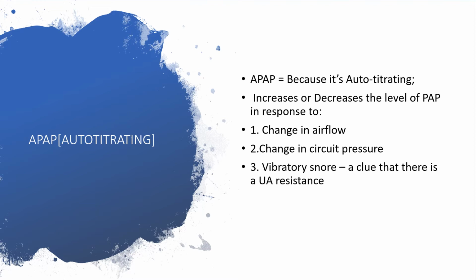It's auto-titrating, right? So it's going to increase or decrease the level of positive airway pressure on its own depending on the changes in airflow or the changes in circuit pressure or when there is vibratory snore. Immediately, that will give a clue that there is upper airway resistance and it's just going to titrate and adjust on its own.